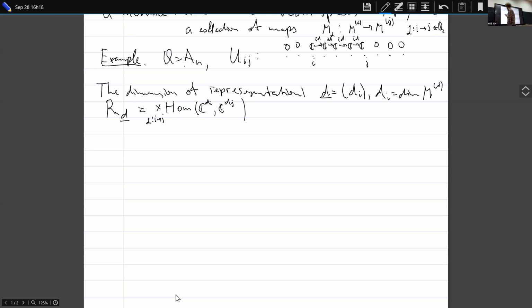So let me draw a picture. So here n is 5, and then we have 1, 2, 3, 4, 5. And I want to draw U_{3,5}, and this is such a presentation. So I have everywhere a one-dimensional space.